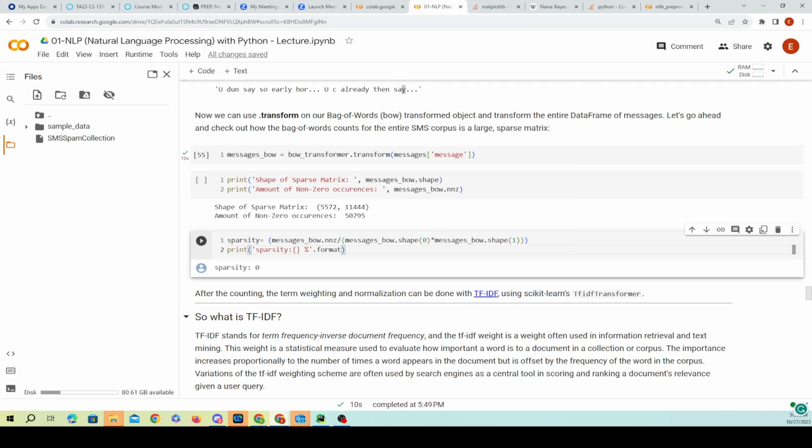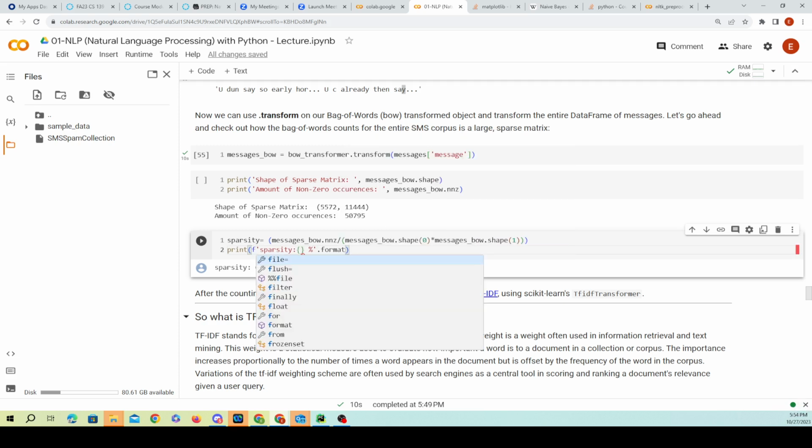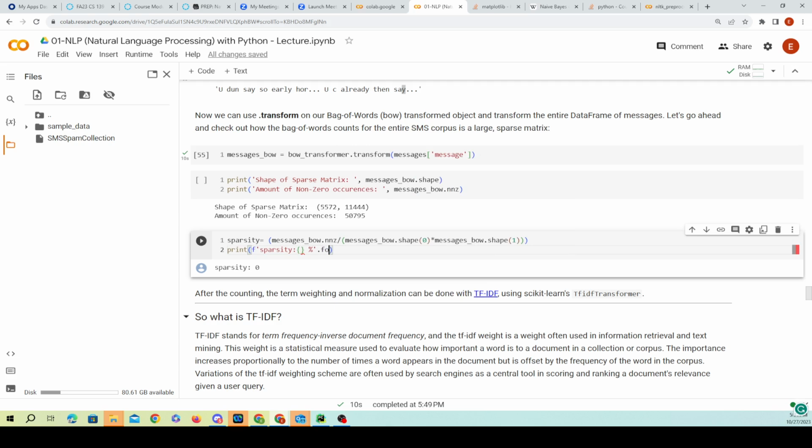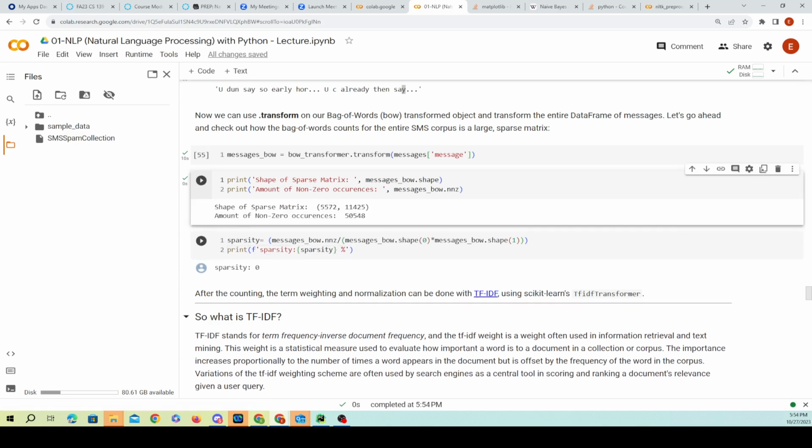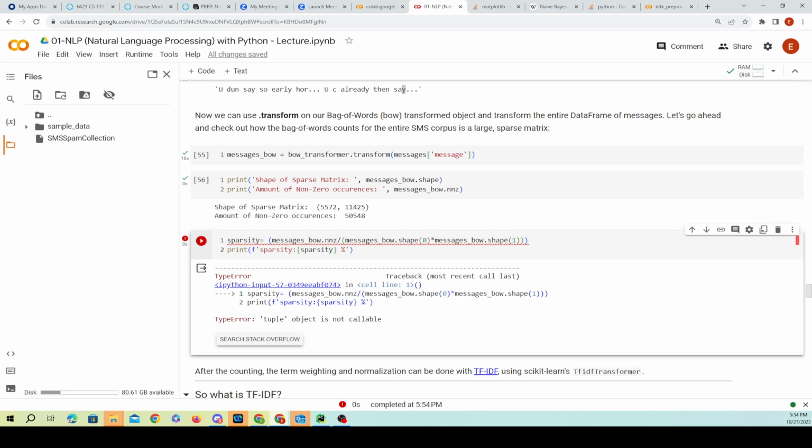I don't like this one. I like this one more, the f-string format. Oh, I forgot to also multiply this by 100.